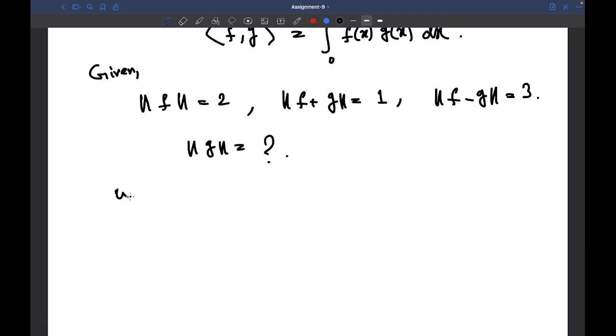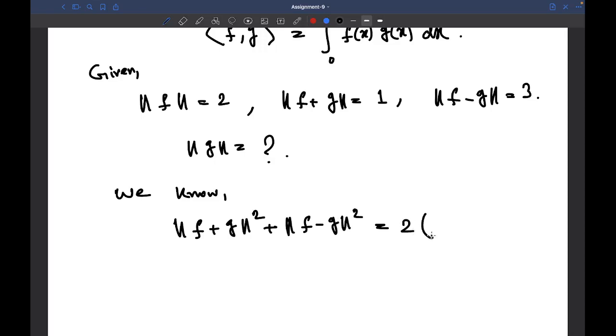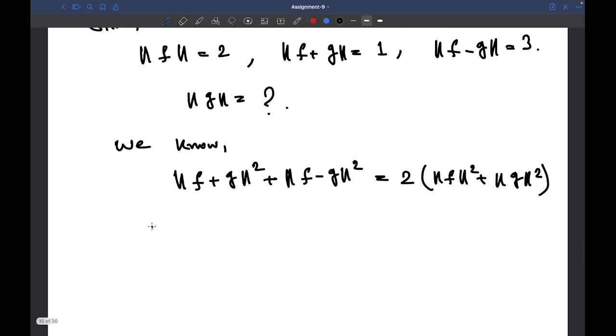What we know is that the parallelogram identity will always hold on an inner product space. So norm f plus g squared plus norm f minus g squared is 2 times norm f squared plus norm g squared. So use this. What will it be then? 1 plus 9 equals 2 times 4 plus norm g squared, right?